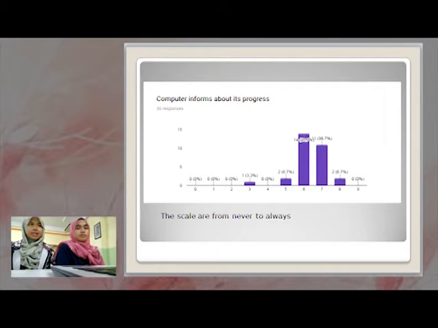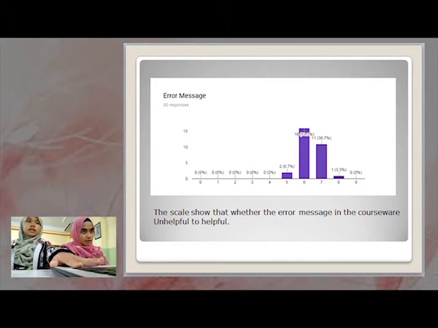Okay. Next is computer information about its progress. The scale is from never to always. The majority said the computer almost always informs about the progress, but 1% said almost never. On scale 3.